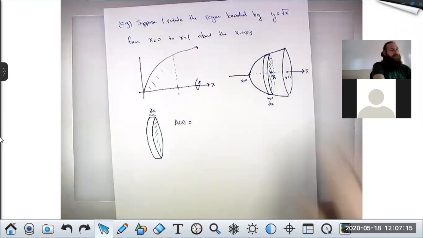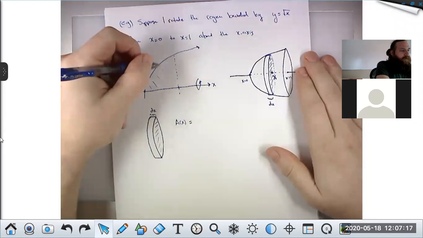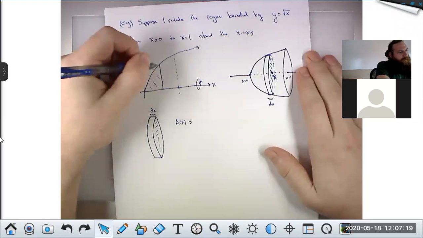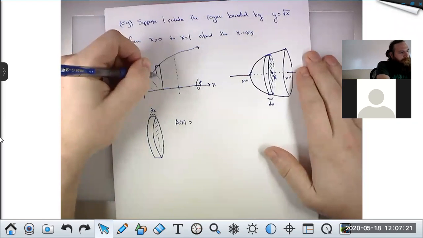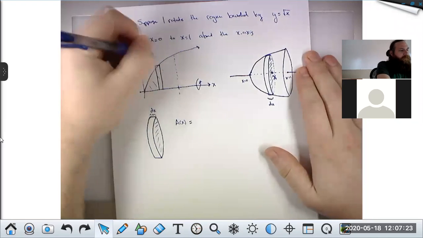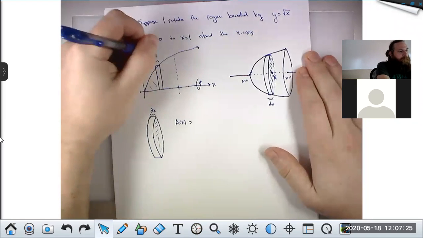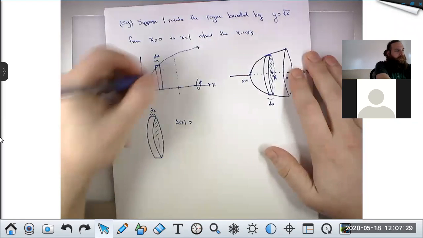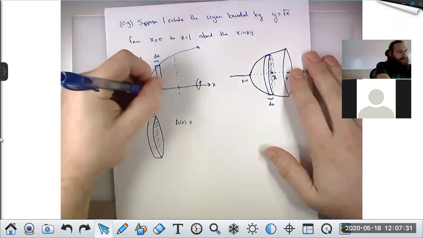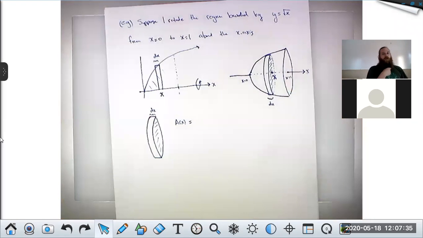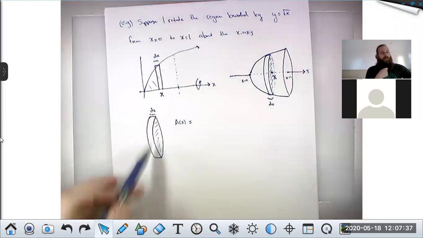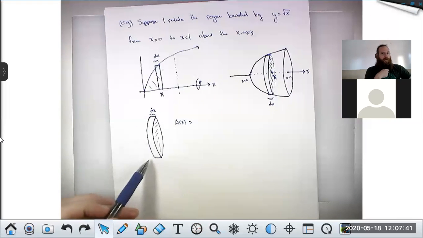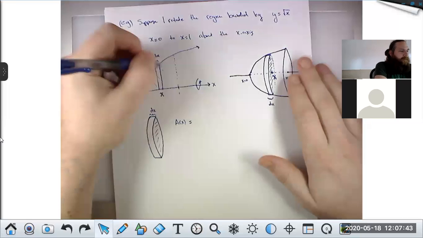And the trick is to come over here and to draw in a little strip. Because if you rotate just this little dx thickness strip, you will get this little solid. And if this strip is occurring at the generic point x between 0 and 1, then the radius of this disk, right, this slice here is really a disk, is the length of this strip.